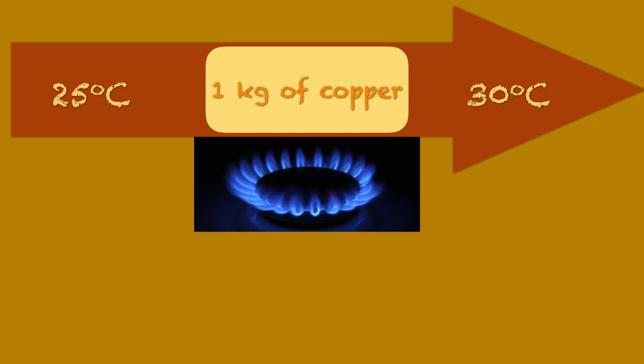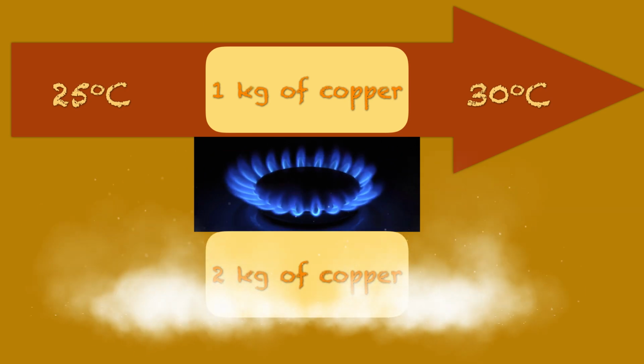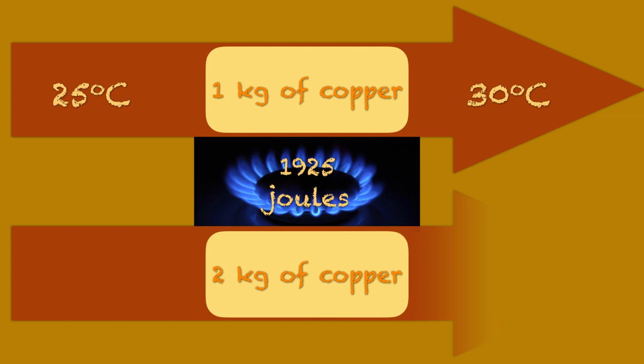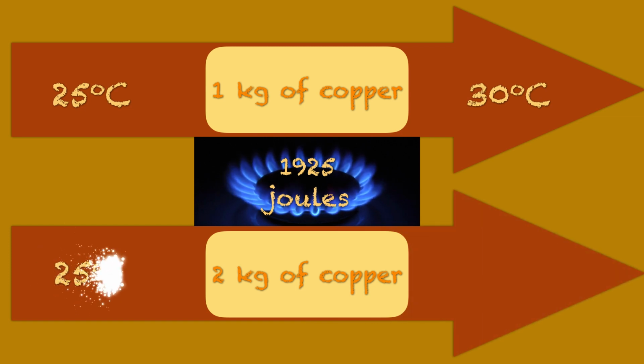Another block of copper weighing 2 kilograms heard about this agreement and bought 1925 joules, but its temperature increased just 2.5 degrees Celsius. Why? 1925 joules increases the temperature of the first block by 5 degrees Celsius, while the same amount of heat increases the second block by 2.5 degrees only.